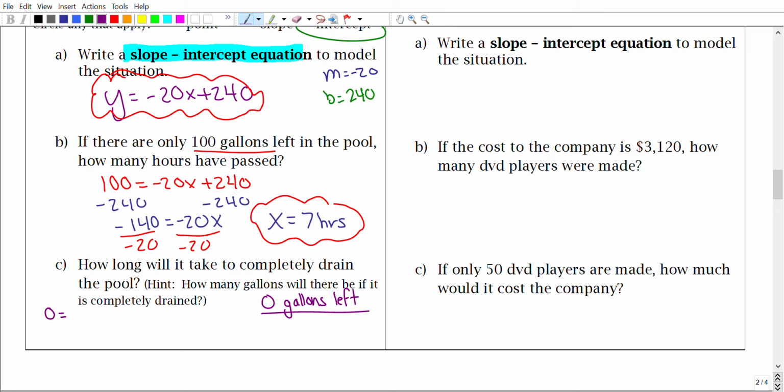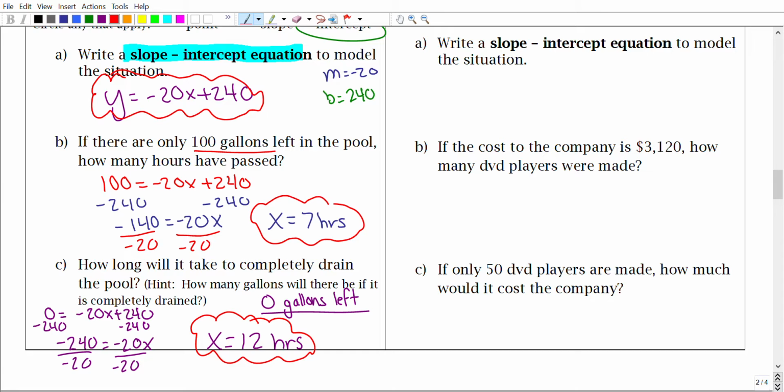So I have 0 equals negative 20x plus 240. We have to subtract the 240 on both sides because I'm solving for x. So I get negative 240 equals negative 20x. Divide both sides by negative 20. We get x equals 12. And x represents what? It represents the number of hours. So don't forget to write in your units.